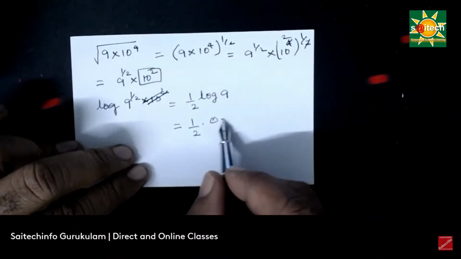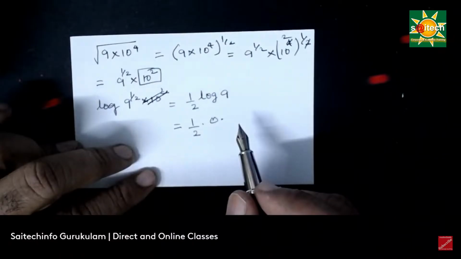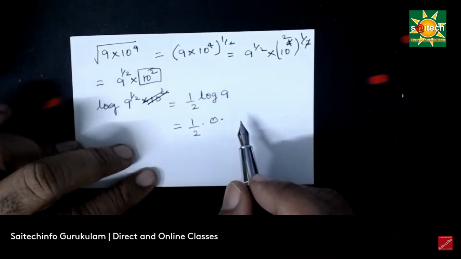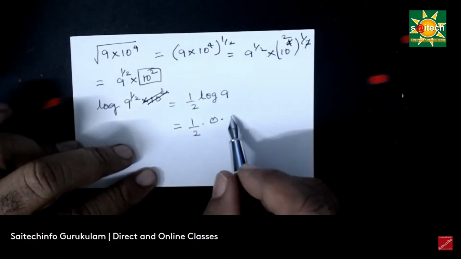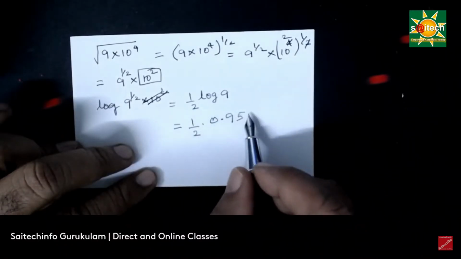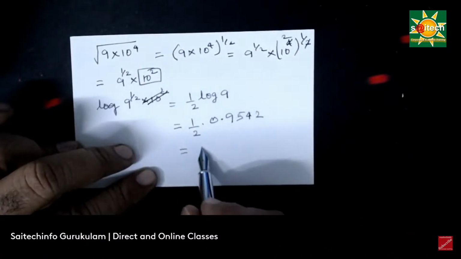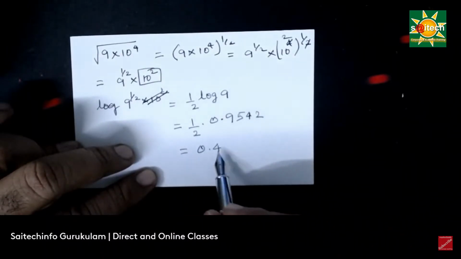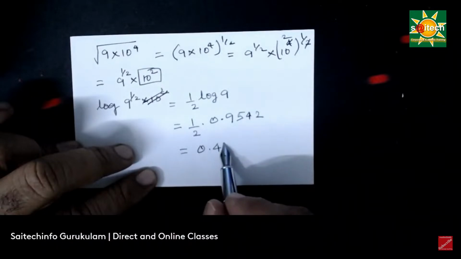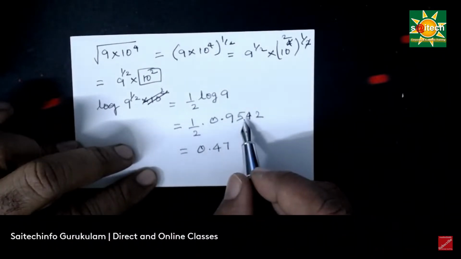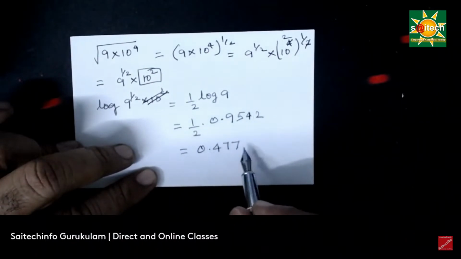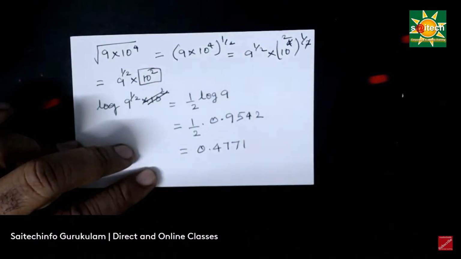So 0.9, check in logarithm: 9542. Now you have to divide by 2, so 2 4s are 8, balance 1, 15, 7 2s are 14, balance 1, 7 2s are 14, and 1 2s are 2.